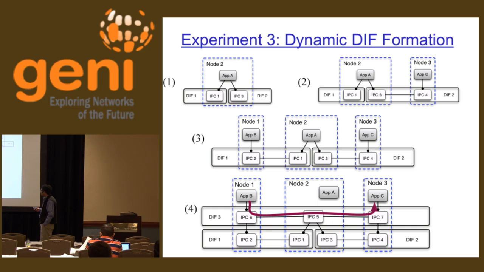So when you say I want to talk to FC, what I'll give you is this application name, which will initiate the formation of this higher layer DIF by creating this IPC process. These others will create their own IPC processes, which will join that DIF. So now we have a new DIF that has certain policies for routing, its own addresses, and so on. And now this one can say allocate a flow to FC, because I now have a communication layer underneath that I can use to allocate a flow and reach applications.